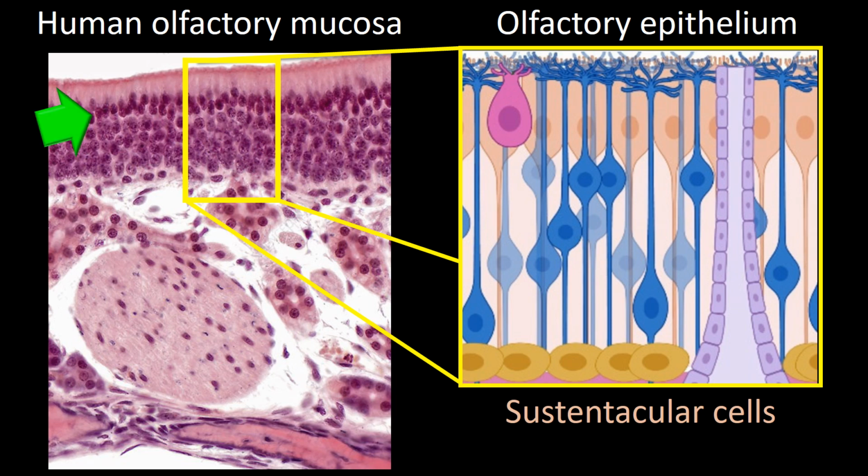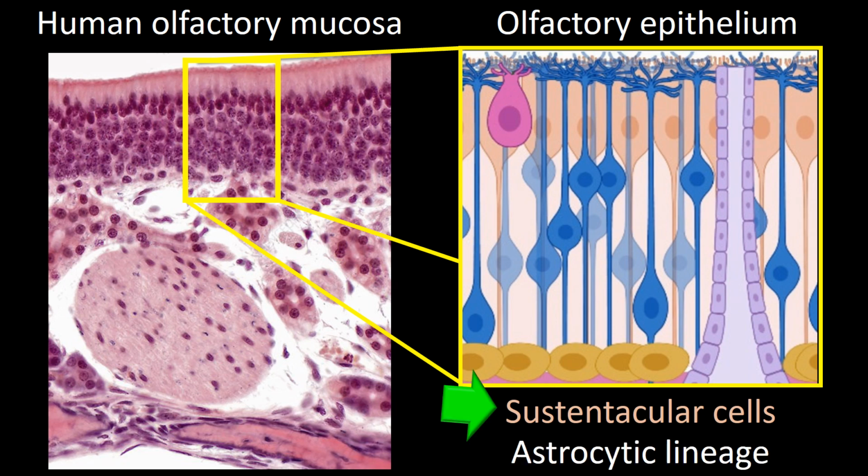In the specimen, you can see them, with their dark nuclei forming a well-organized row. The sustentacular cells are of astrocytic lineage, and judging from their position and name, they support the other epithelial structures.